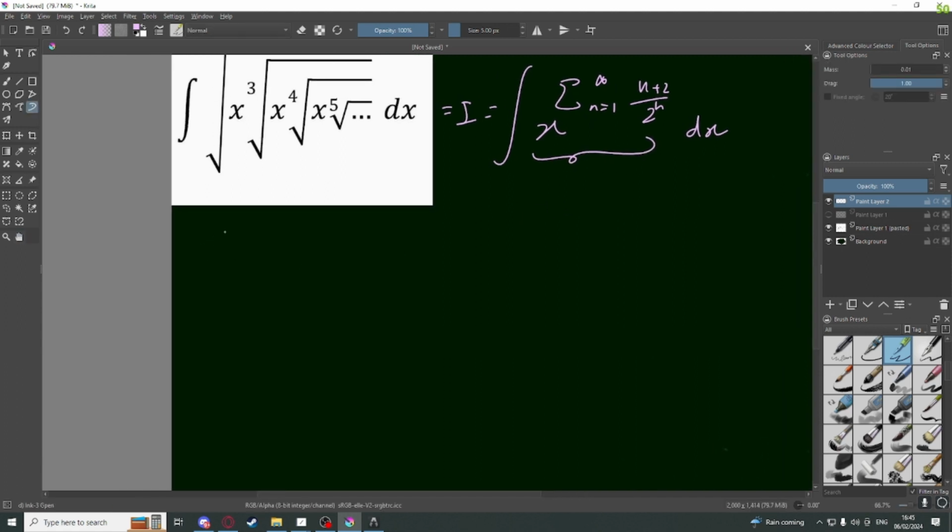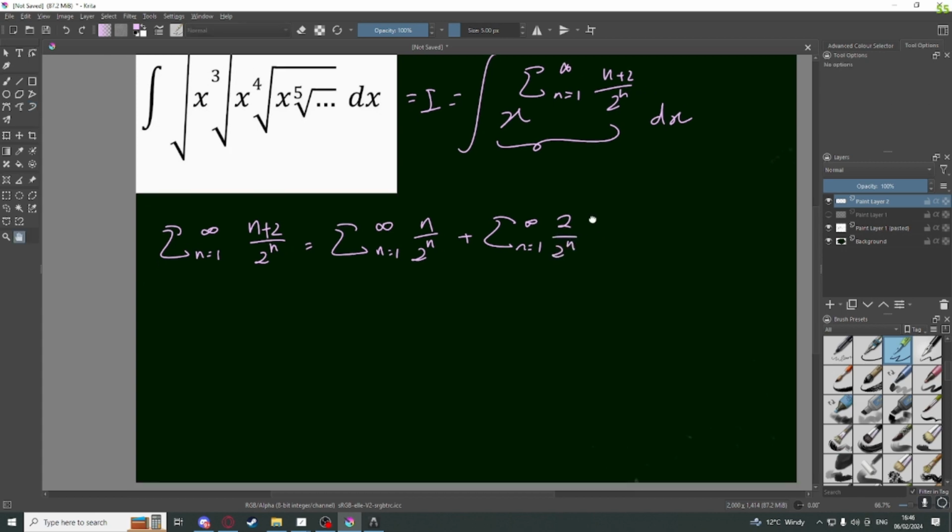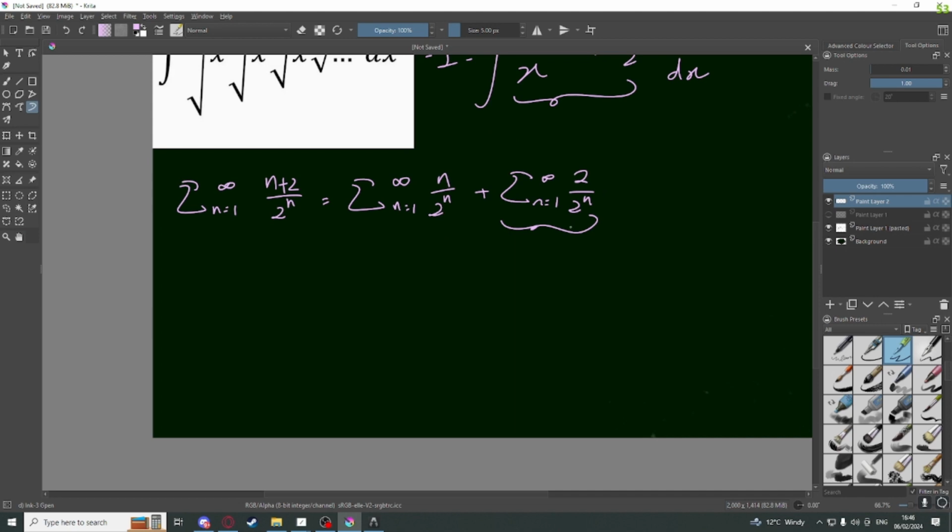So let me start with the infinite series as the power. Let me just break it up into separate fractions. And then this here is a geometric series, specifically this one here.